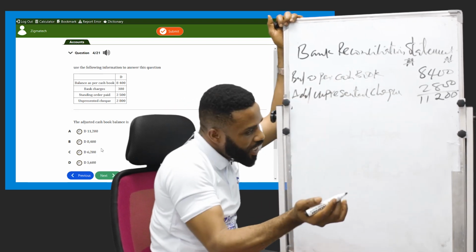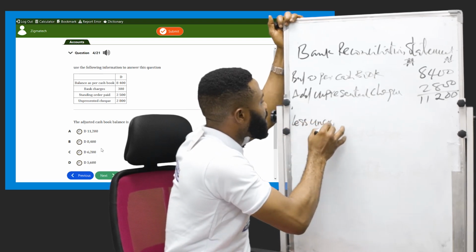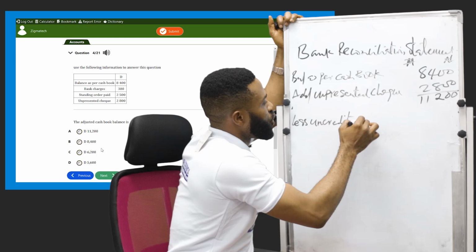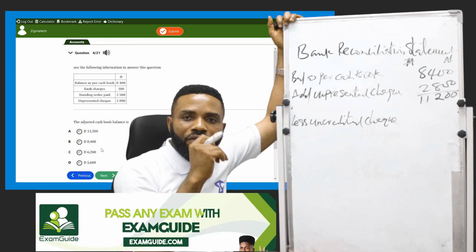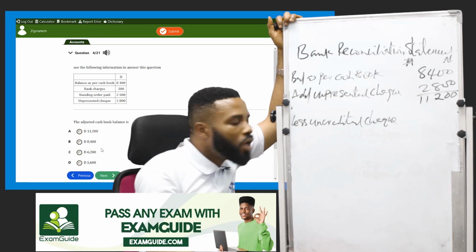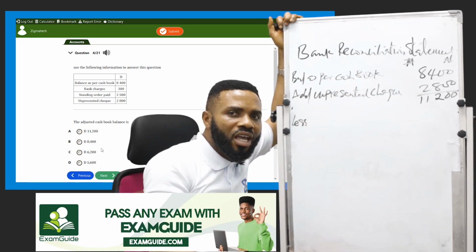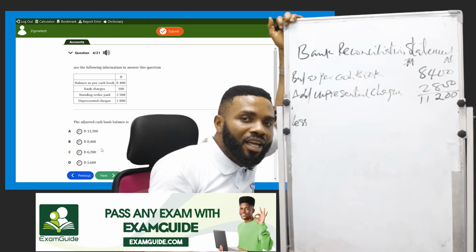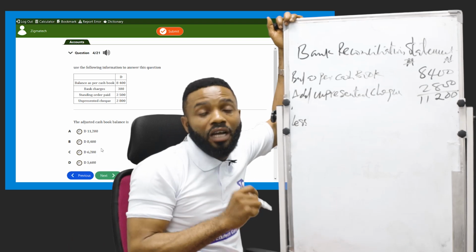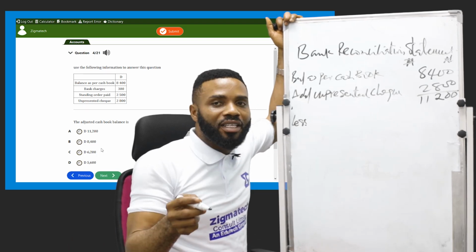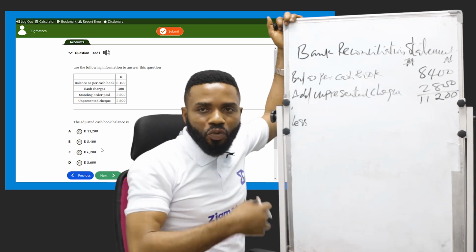Ordinarily, we are not supposed to deduct uncredited check, but uncredited check is not given in the question. So, since uncredited check is not given, but there are transactions in the question that have been deducted from the bank statement, that have not been deducted from the cash book, what do we do? We deduct them.